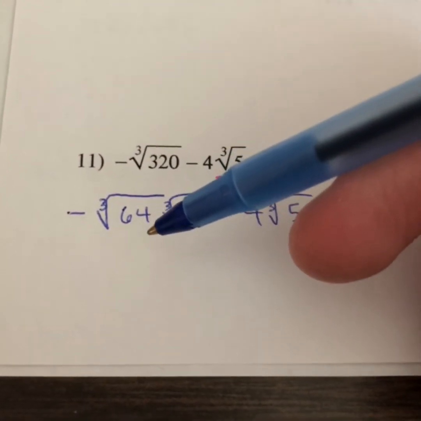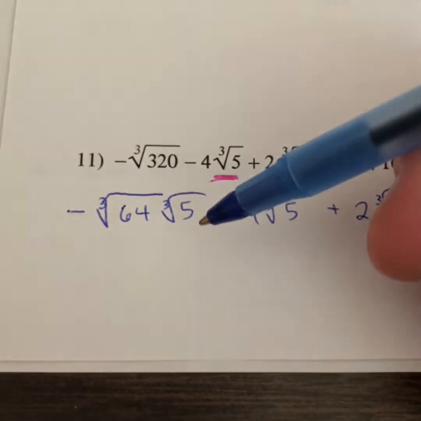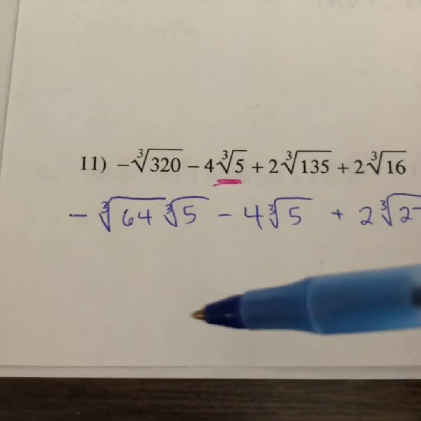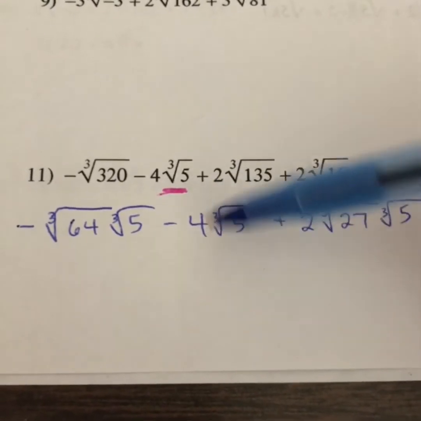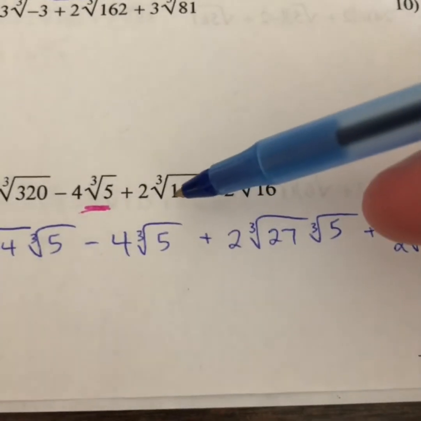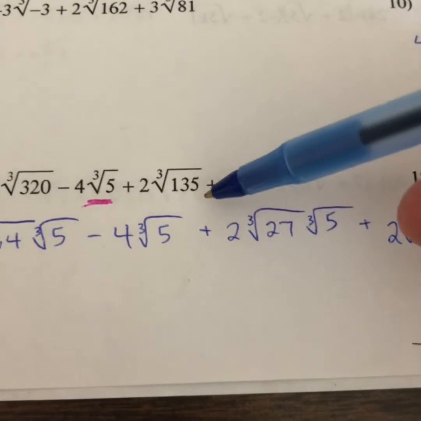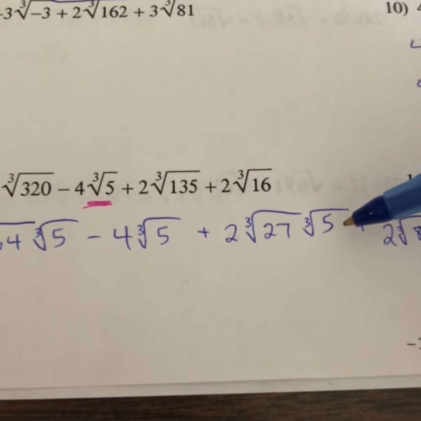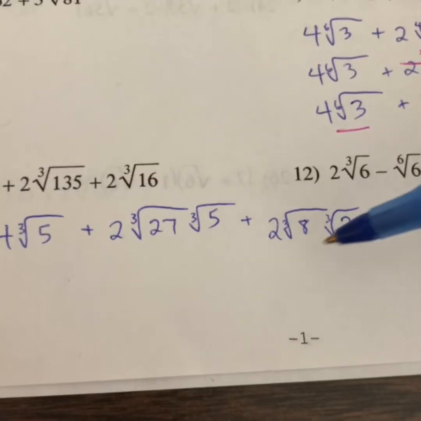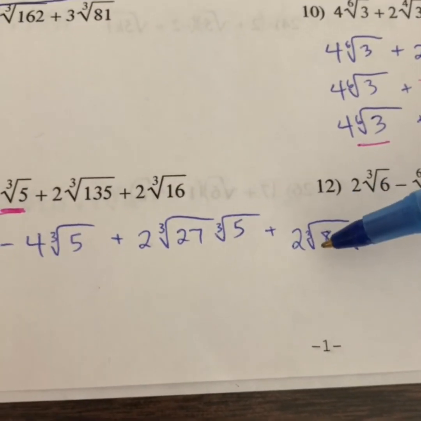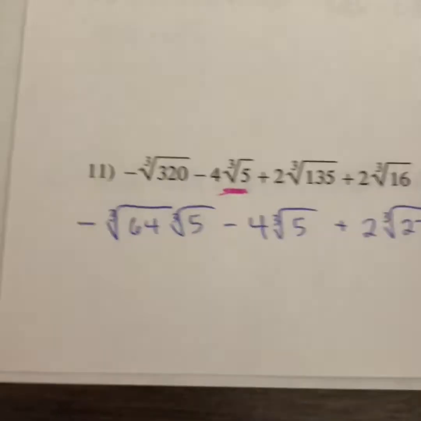That's a perfect cube. That's on our list. Times 5. That's going to get us 320. So that one we can simplify. This one we said was already as far as simplified as we could get it. And the next one, 135, I broke up with 27 and 5, since 27 is also a perfect cube. And 16 I broke up with 8 and 2, since 8 is a perfect cube. So now we just have to simplify all these.